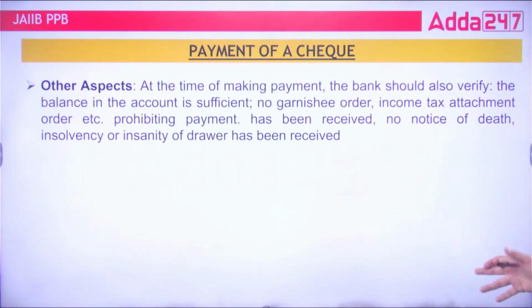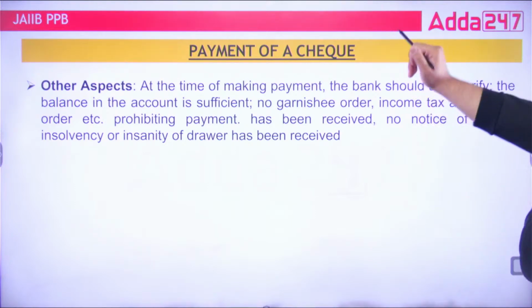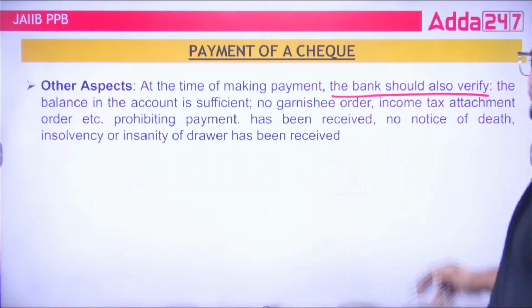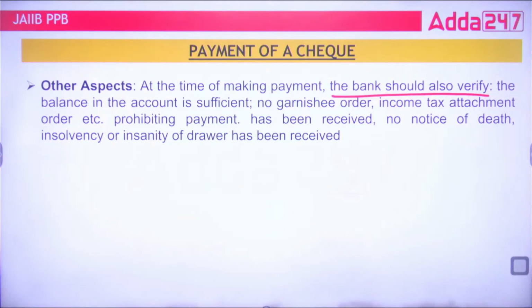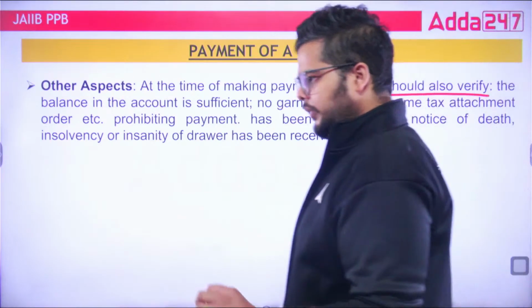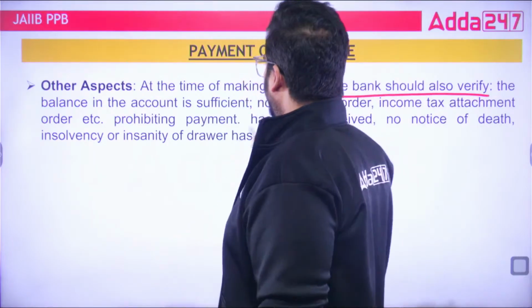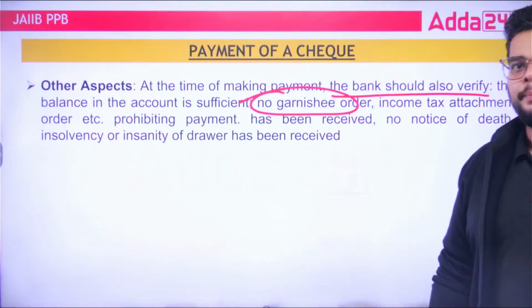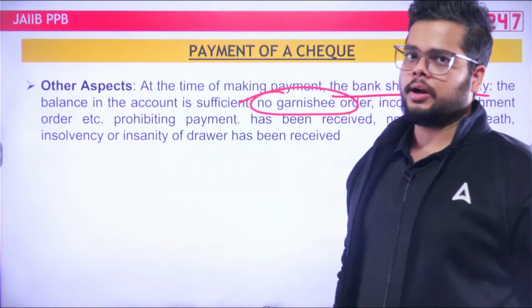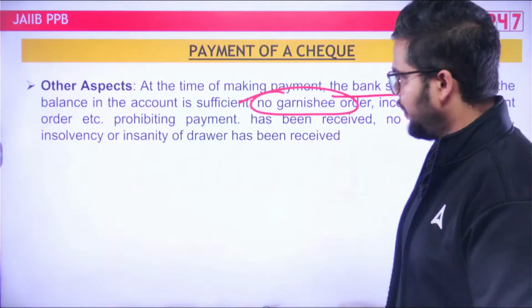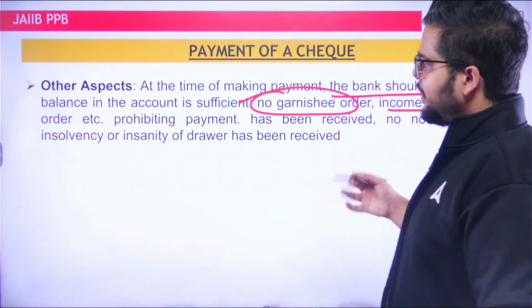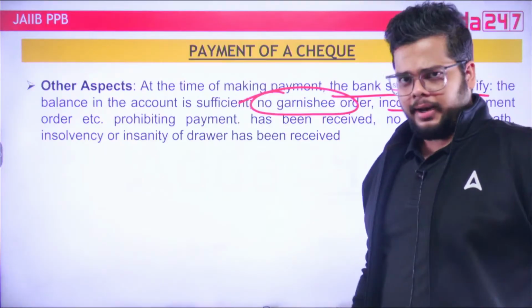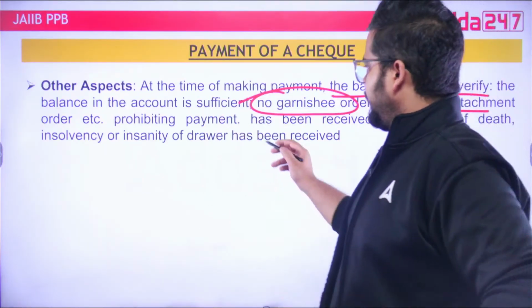Other aspects: what else is there while making a payment via check? At the time of making payment, the bank should also verify that the balance in the account is sufficient. Account balance, important. No garnishee order: no court order is pending for that account, or recovery to be made from that account. No income tax attachment order from the income tax department, under which recovery will be done, prohibiting the payment.